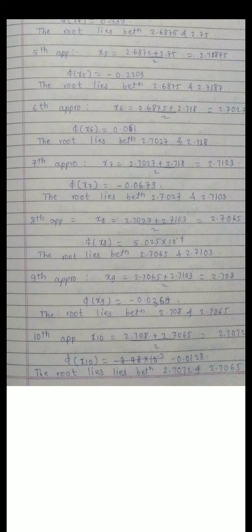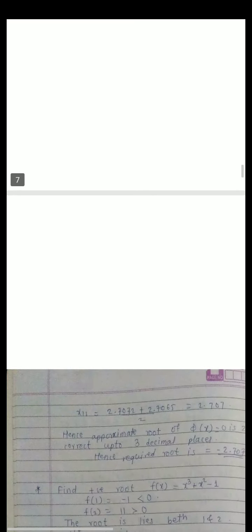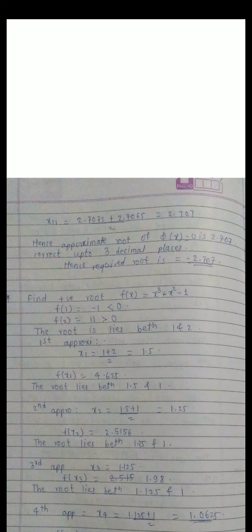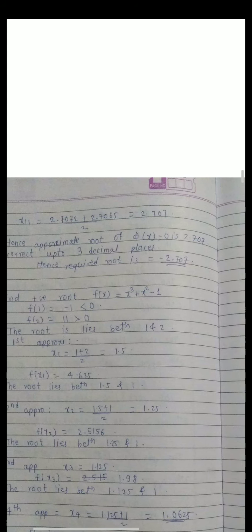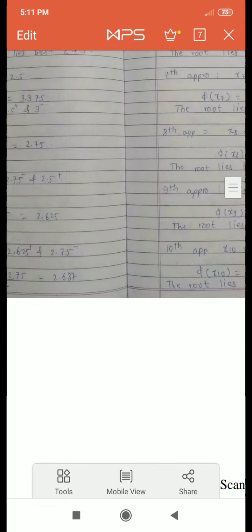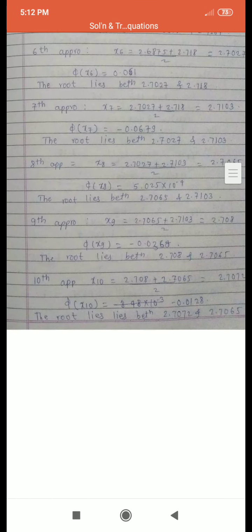Here x10 is equal to 2.7072, and next x11 is 2.707. So x10 is 2.7072 and x11 is 2.707.